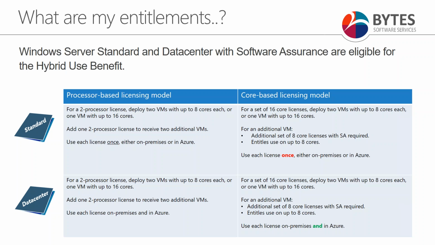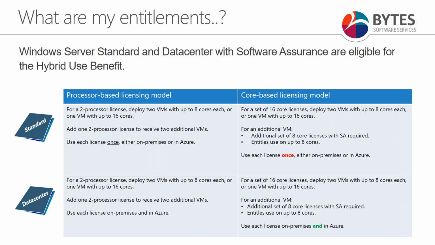The Azure Hybrid Use Benefit for Standard Edition allows you to license a VM once. So either you assign it to your on-premises environment, or you assign it to Azure. You can't use both. Whereas for Data Center edition, that allows you simultaneous usage of the license.